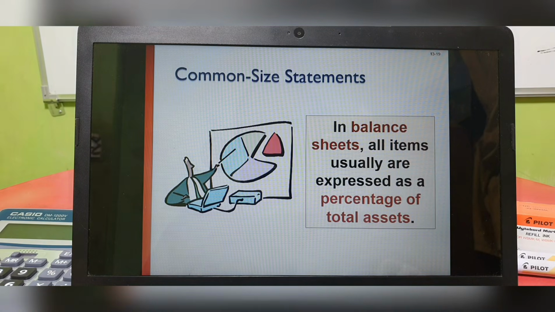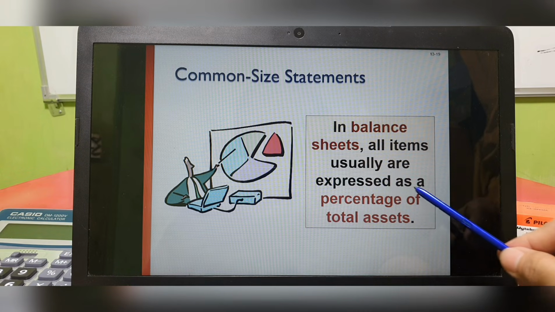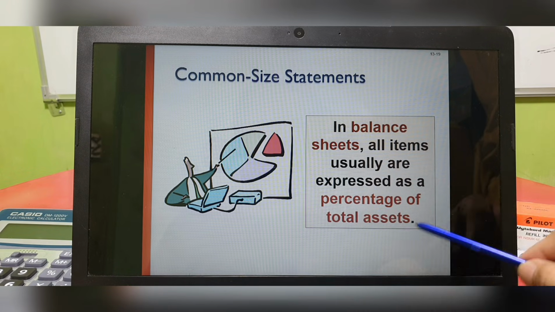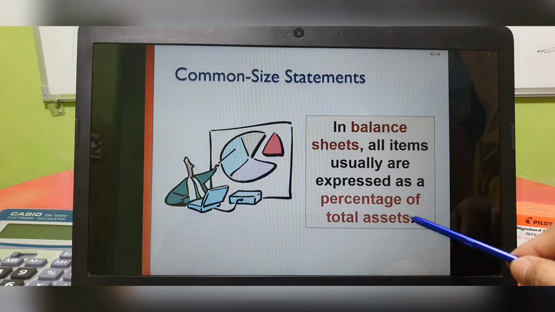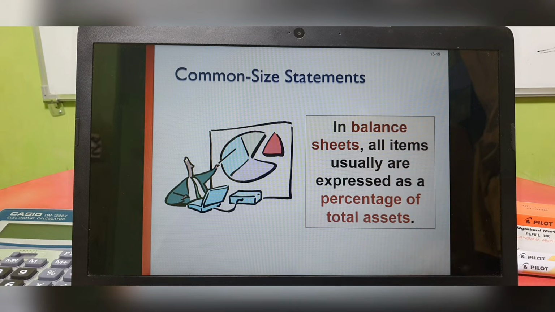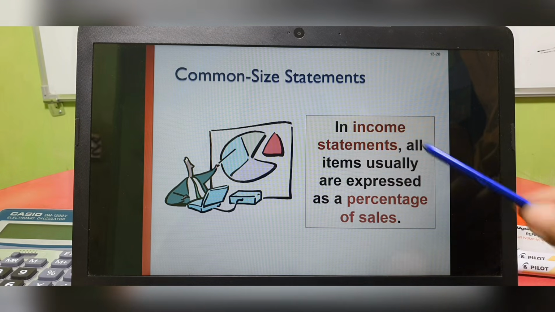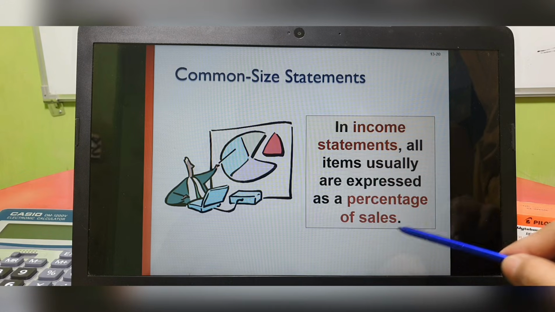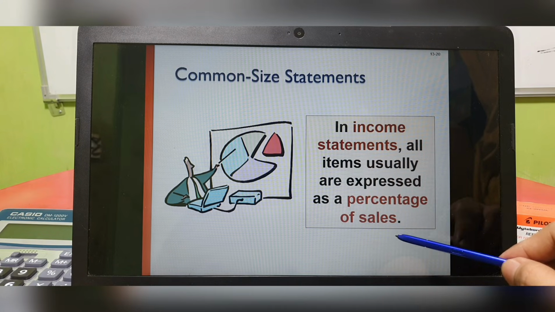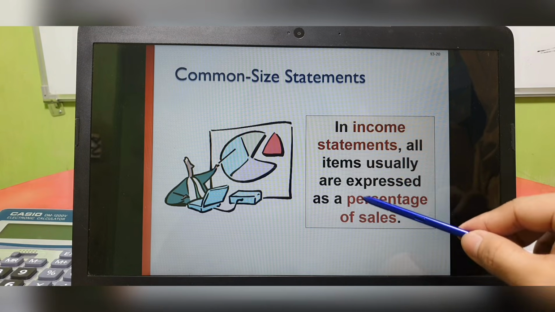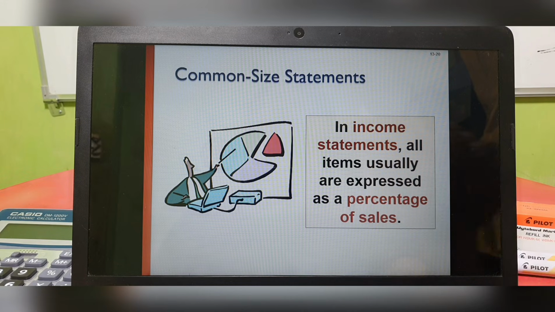So, kapag balance sheet, review lang natin, all items are expressed as a percentage of total assets. Meaning, yung total assets natin yung 100%. Kapag income statement, yung sales naman ang ating 100%. So, all items are expressed as a percent of sales. Lahat ng items sa ilalim, i-divide mo ng sales.